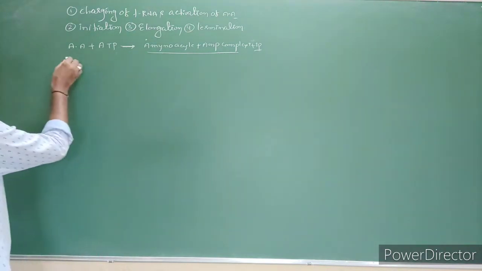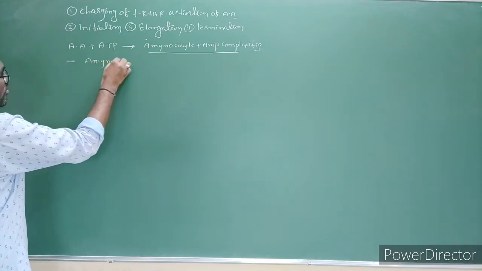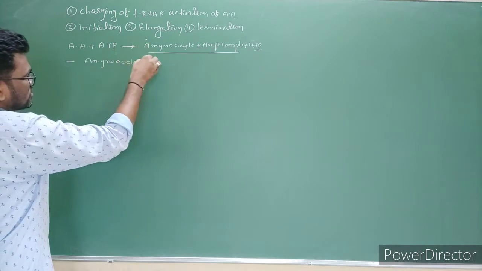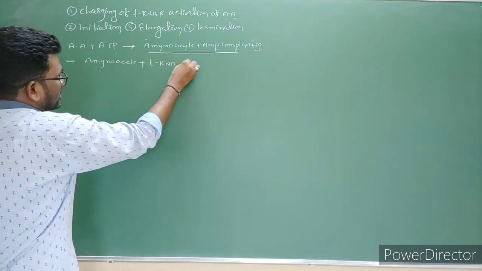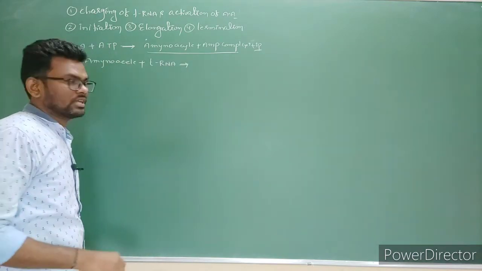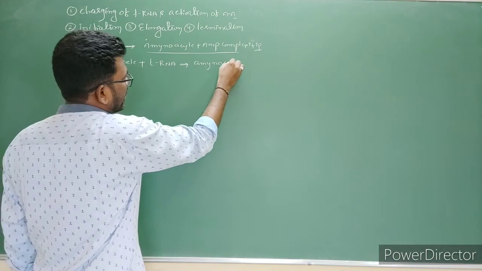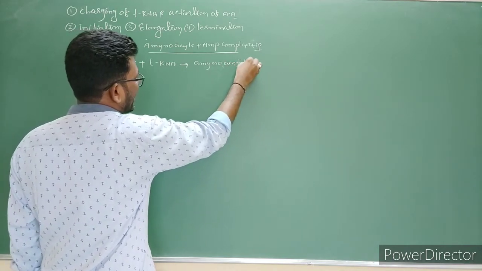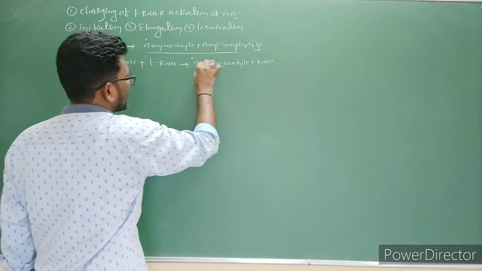Now the aminoacyl is going to bind with the tRNA. Now the tRNA is charged up. So that is called aminoacyl tRNA.